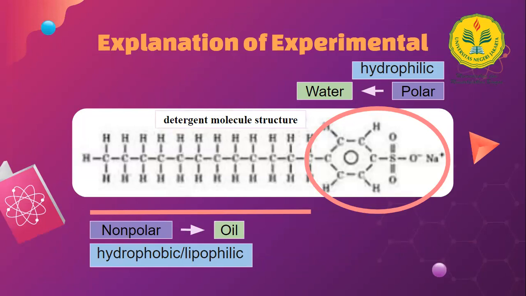The detergent molecule has one polar group which is hydrophilic in soluble water, while the other group is nonpolar in the form of a long hydrocarbon chain that is hydrophobic, or also called lipophilic. The nonpolar group of detergent will bind to the oil, while the polar group will bind to the water. Therefore, the oil will be lifted and lost along with the splash of water when we wash the dishes using soap or detergent.